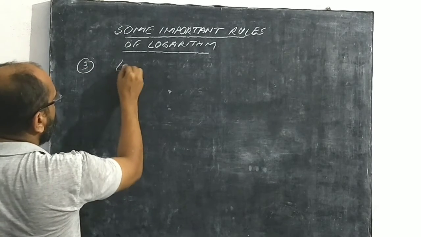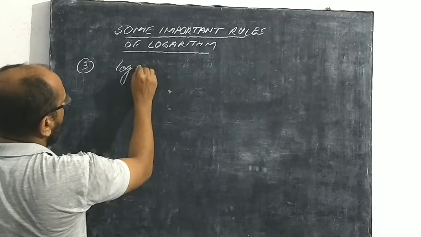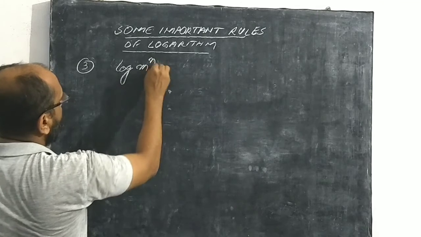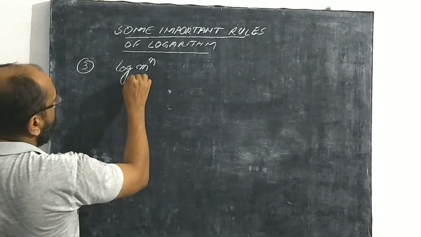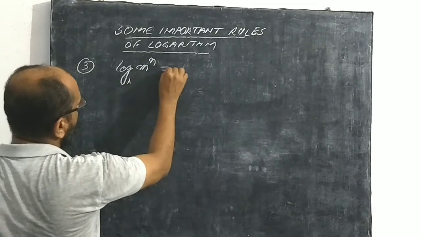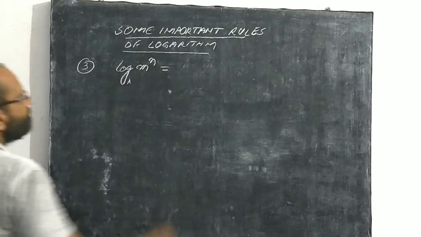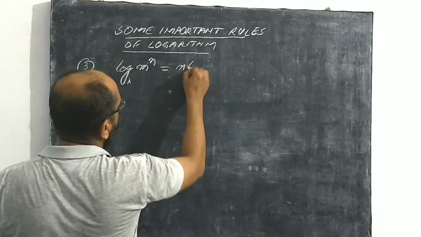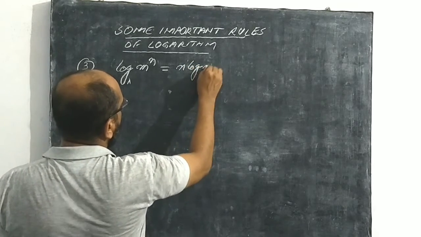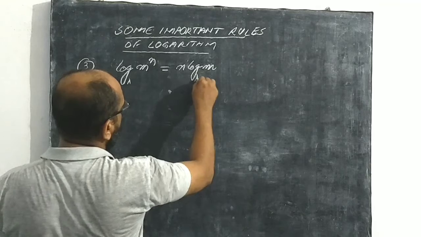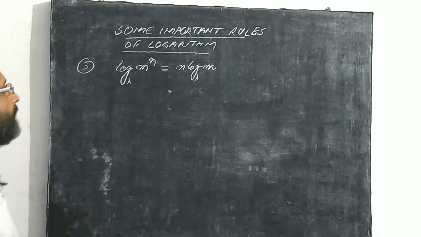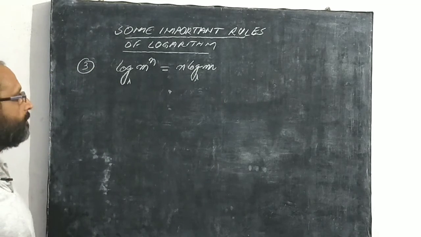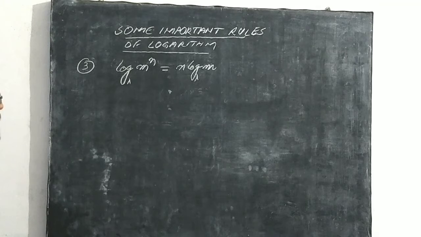Third law is log m raised to the power n base lambda is equal to n log m base lambda. This is called the exponential law of logarithm. And what does it mean?